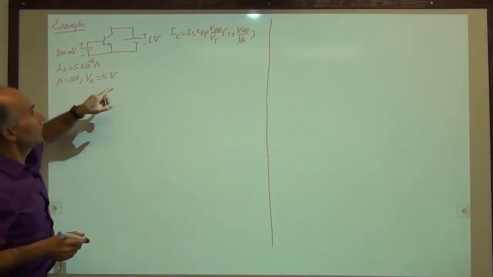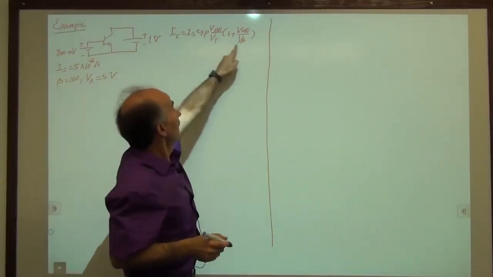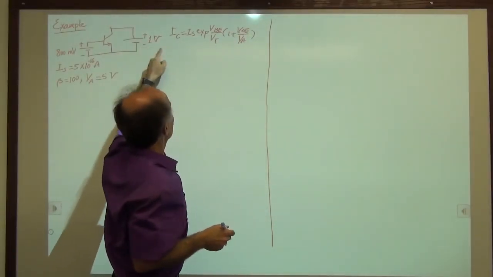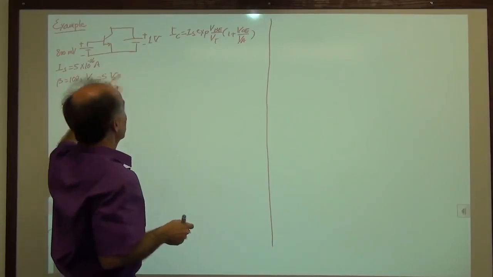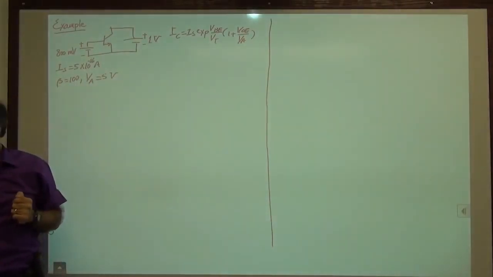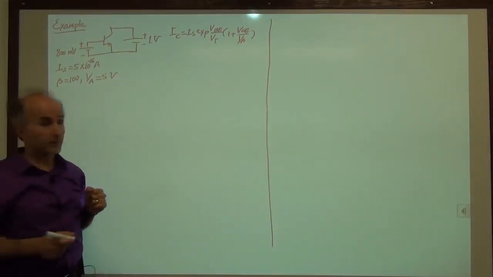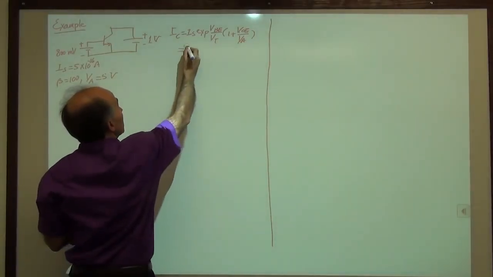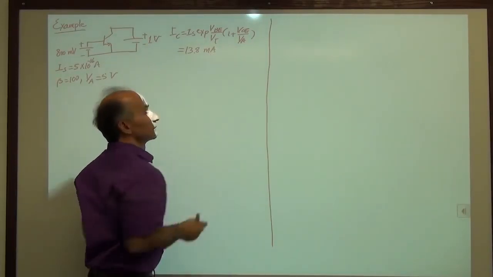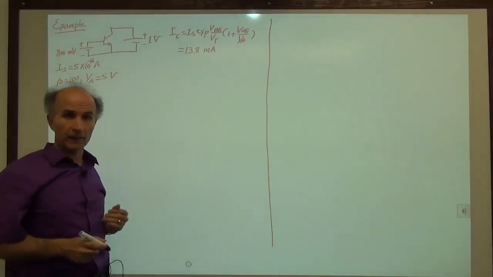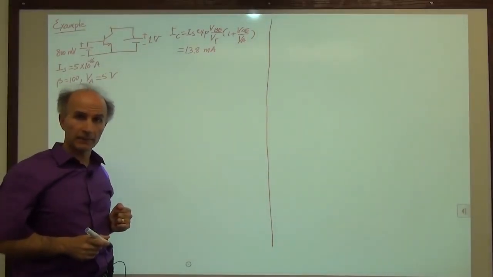Now we plug in IS, VC equals 1 volt, VB equals 800 millivolts, VA equals 5 volts. And that comes out to be 13.8 milliamps. It's somewhat of a high current, but that's what we get.